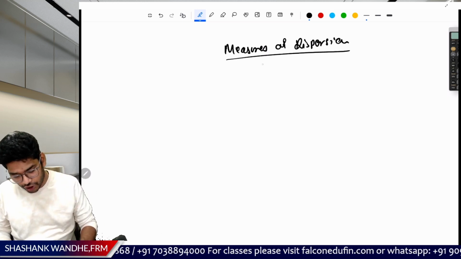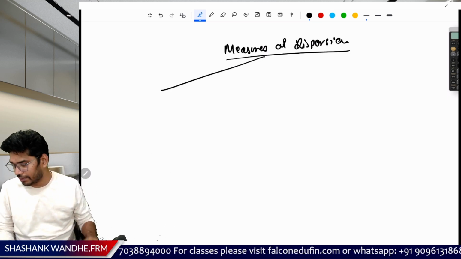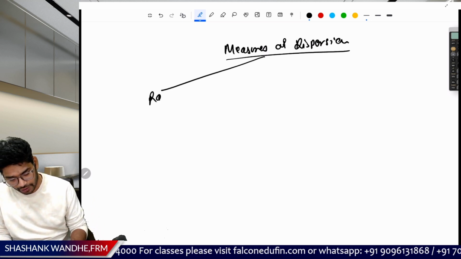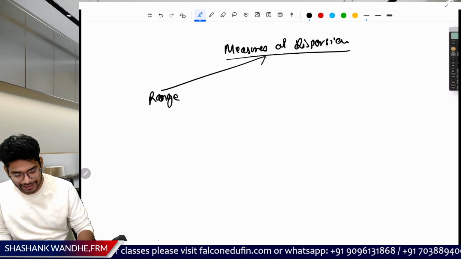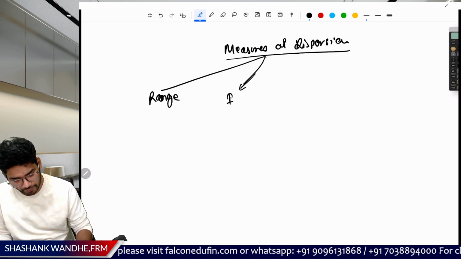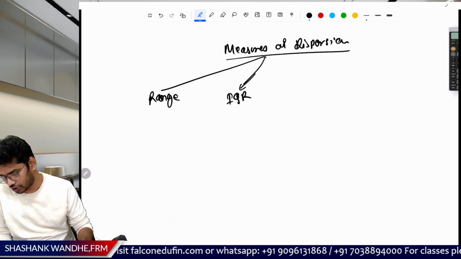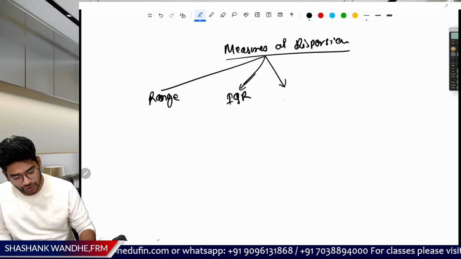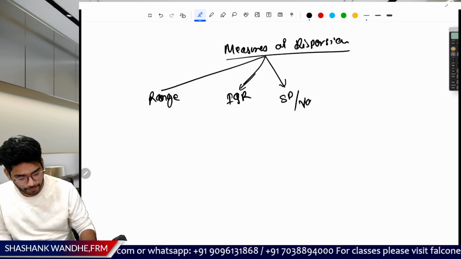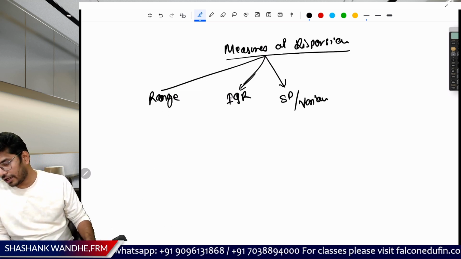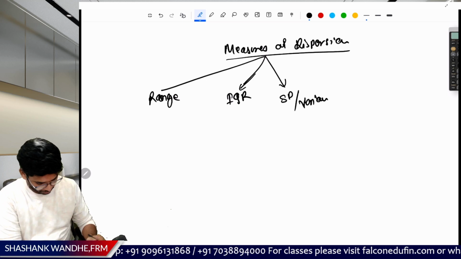So to calculate dispersion, we have different methods available, and the method starts from, first is the range. Then second method is IQR. We already saw IQR. I'll just tell you what is range. Then we use standard deviation or variance. Then we have the relative dispersion.